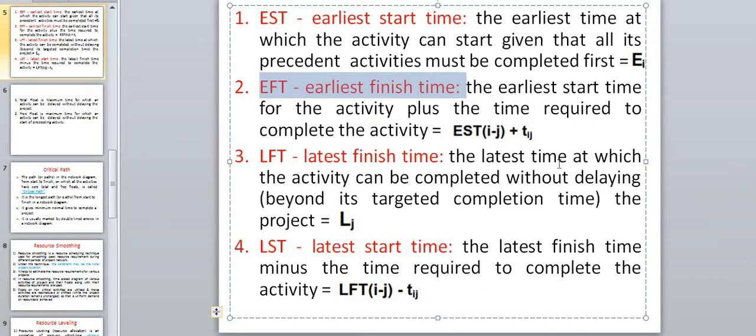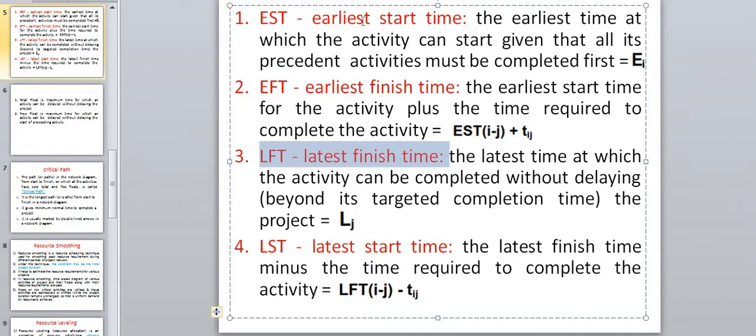Okay? The latest time at which the activity can be completed without delaying beyond its targeted completion time. So without delaying the targeted time, we have to complete a particular activity within the stipulated time, within the prescribed time. Okay? Such completion of this activity is nothing but the latest finish.